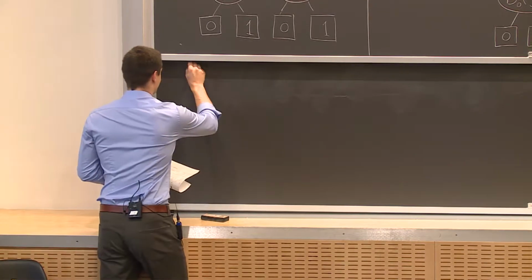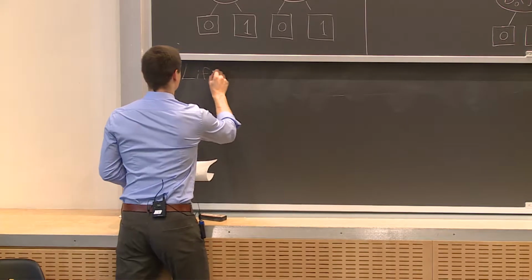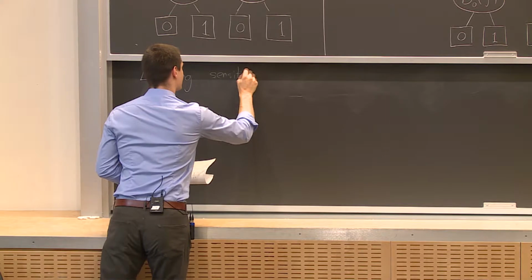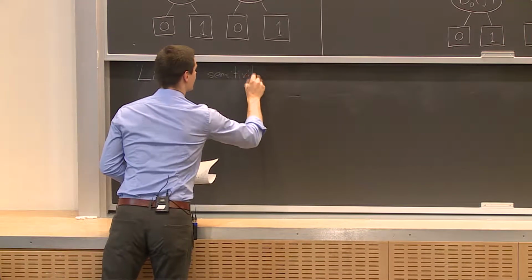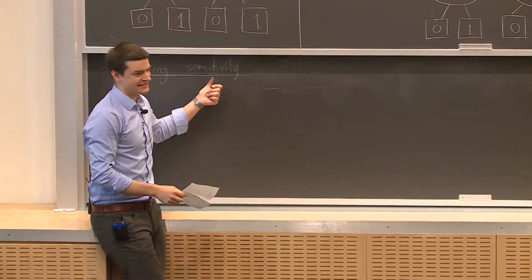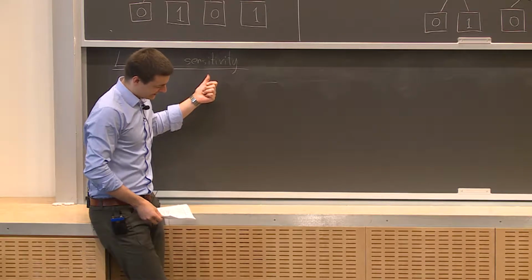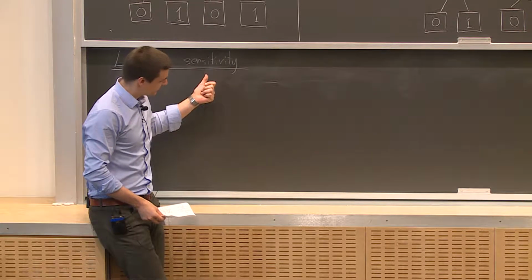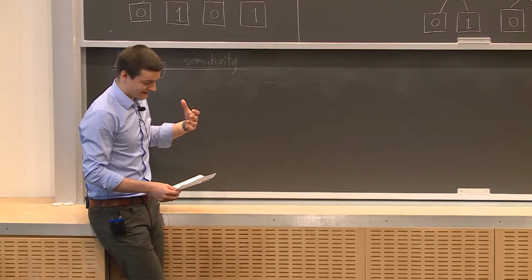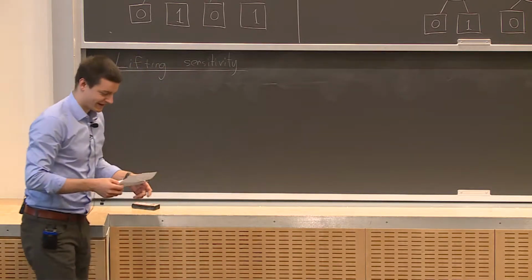I call it the following theorem, lifting sensitivity. Probably many of you have heard that there's some huge conjecture about sensitivity that was proven recently. So this is my motivation to catch on to the hype and include a theorem about sensitivity.